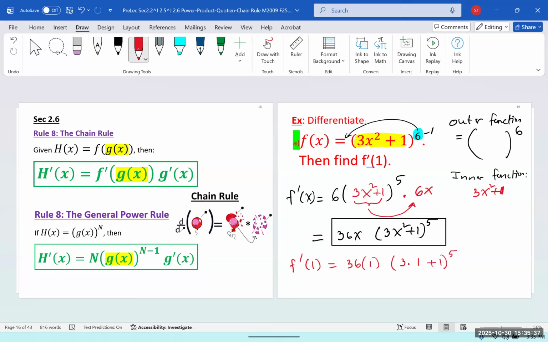10 to the power 5. Where did you get 10? What did you do? Wait, 3 to the power 2? It's not 3 to the power 2, it's 3x to the power 2. So your 36 times, this is 3 plus 1, 4, 4 to the power 5. And we have no idea what 4 to the power 5 is.